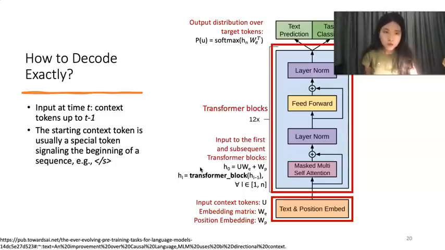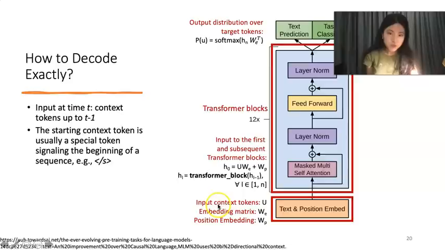So when your model is decoding, at each time t, you have your context tokens up to time t minus 1. And just to mention that the starting context token is usually a special token signaling the beginning of a sequence, like this special token here. Your input will be your text and positional embedding, like in the transformer.